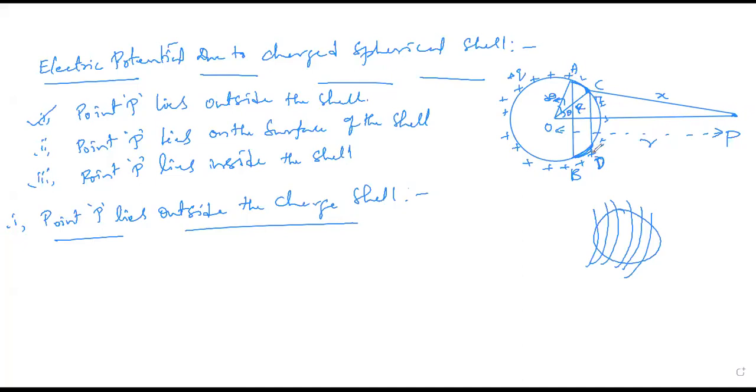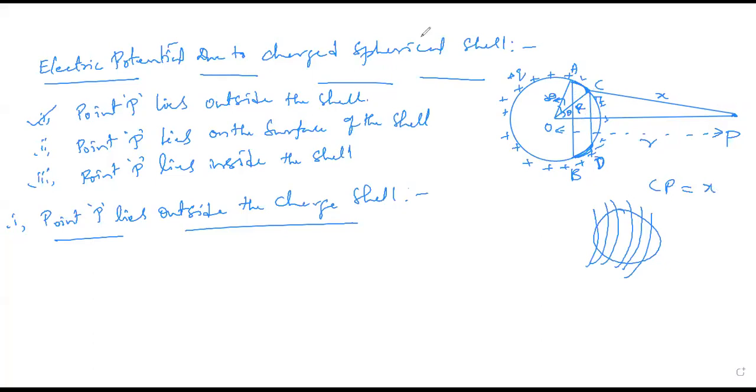ABCD combined is a ring, but in terms of planes, AB is one plane and CD is one plane. The distance from C to P, which I already took, is X. I'm writing CP, the distance between C and P, as X.